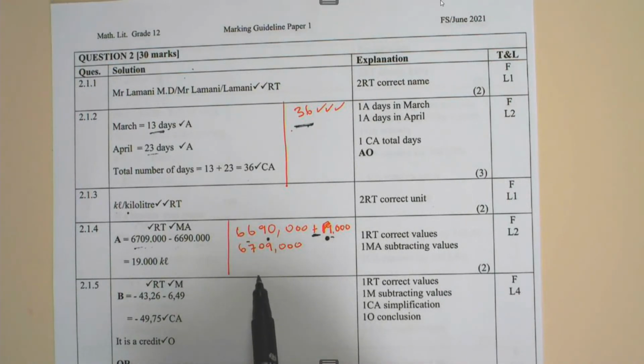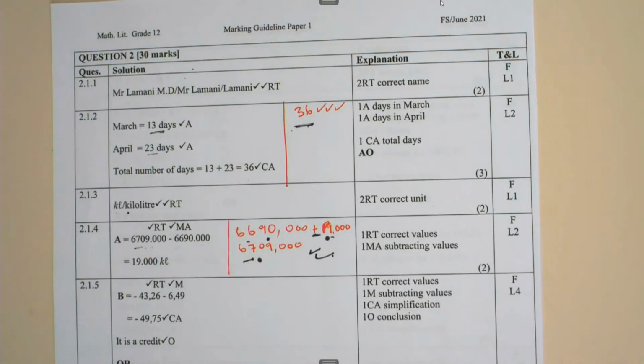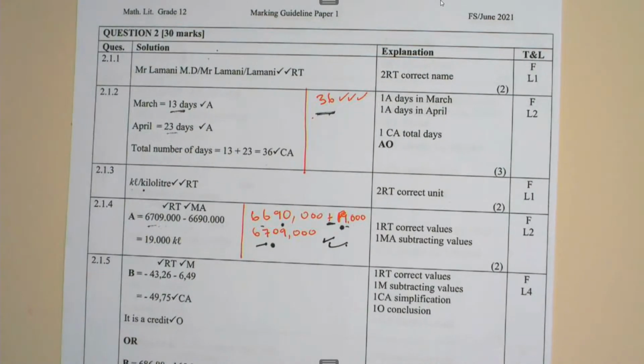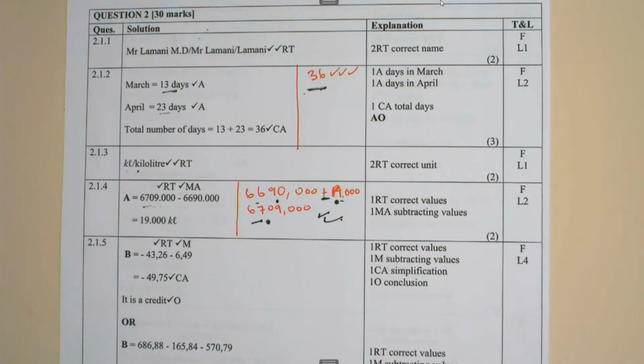Then they will get 6709, meaning they are doing a reverse calculation. Such learners will get full marks. Right, 2.1.5.